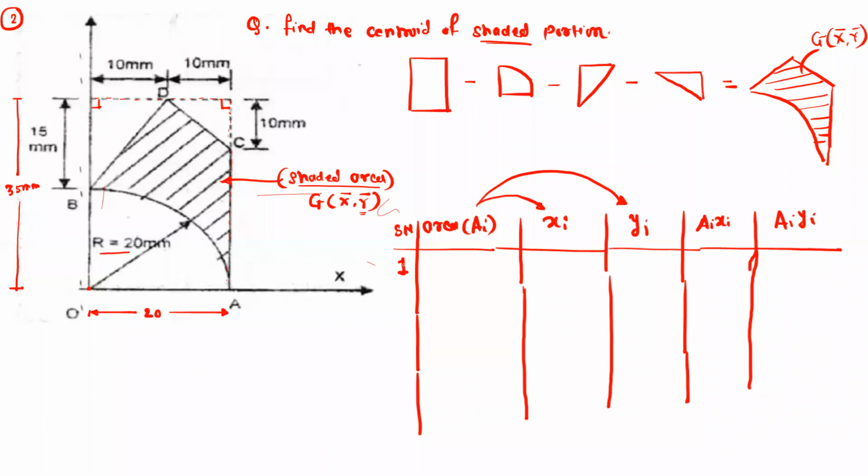So the first geometry that we will select is the rectangle. If you observe the dimensions, this is 35 and this is 20. So this will be 35 into 20, which is 700 square millimeter.